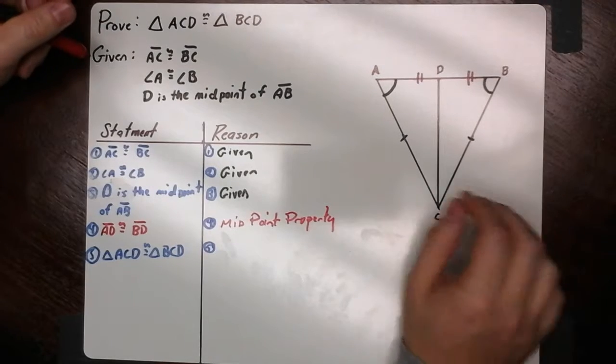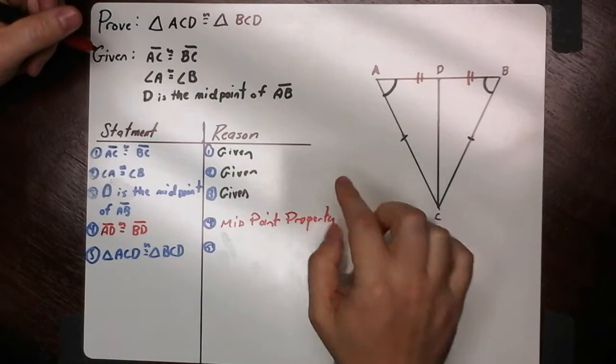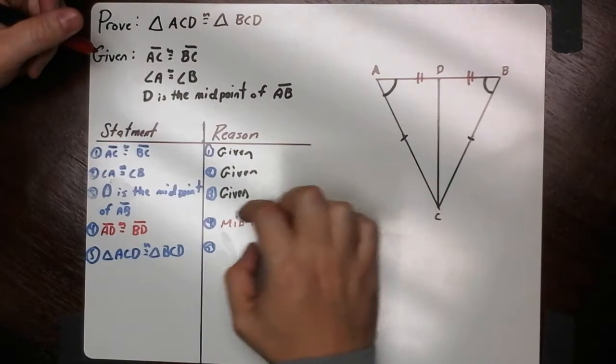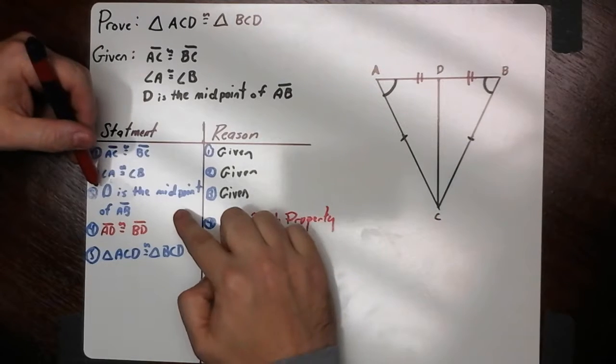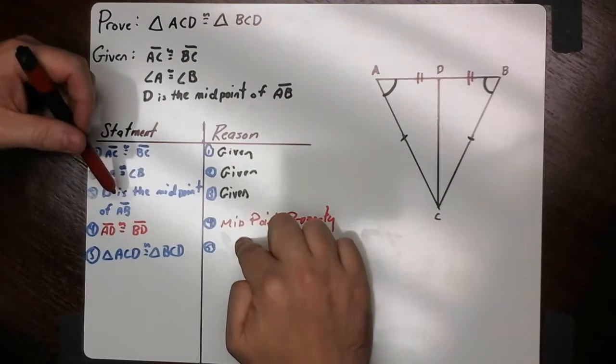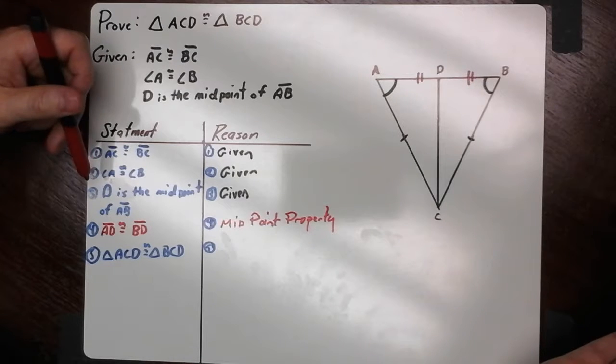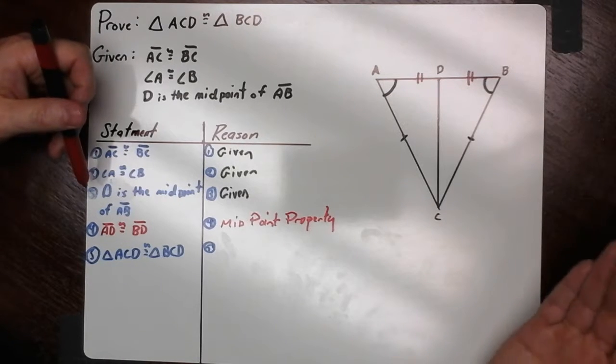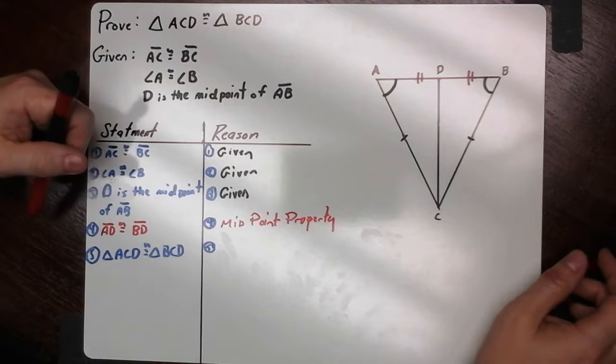If, for whatever reason, you're not certain about how to word this, just copy the given here and just say D is the midpoint of AB. It's totally viable. It backs up this argument here.